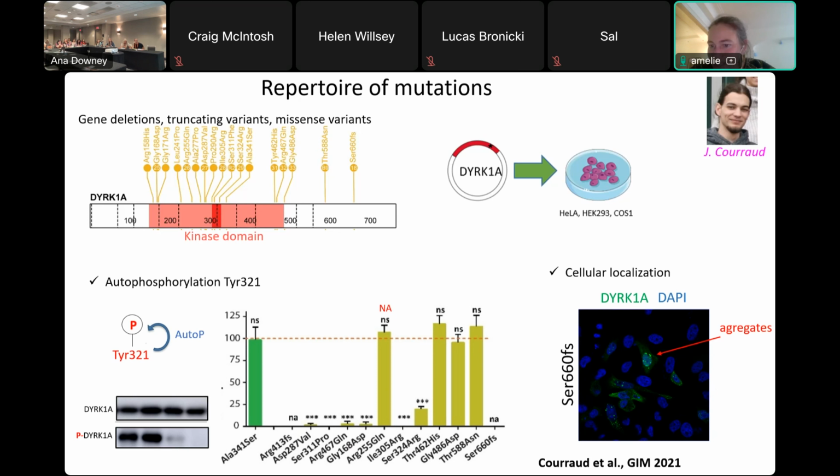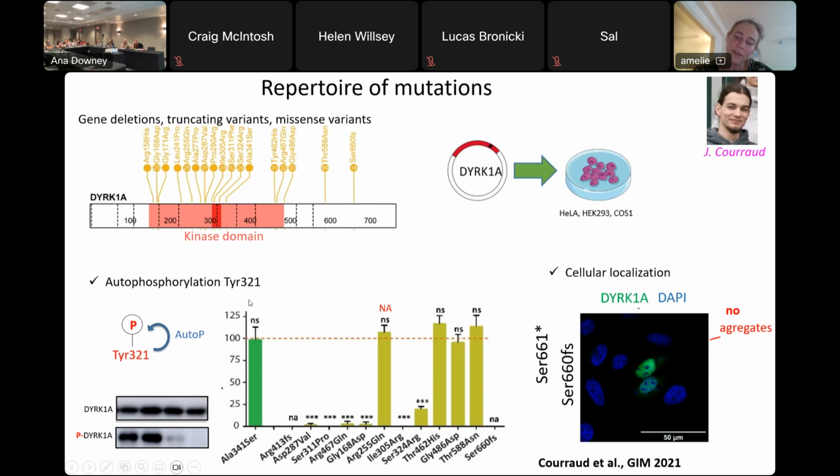And it was interesting because this mutation added some abnormal amino acids that lead to aggregation here in the cell. And if you replace the mutation with a stop mutation, so the protein stops directly here without adding supplementary amino acids, in this case you will have no effect on DYRK1A localization and no effect on its activity.